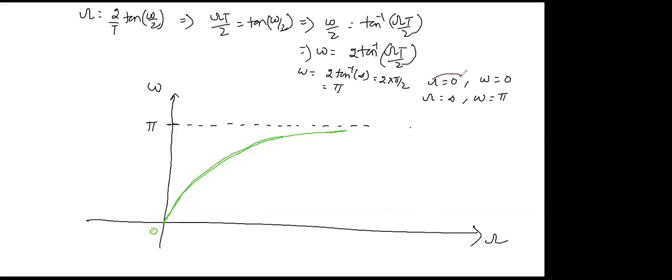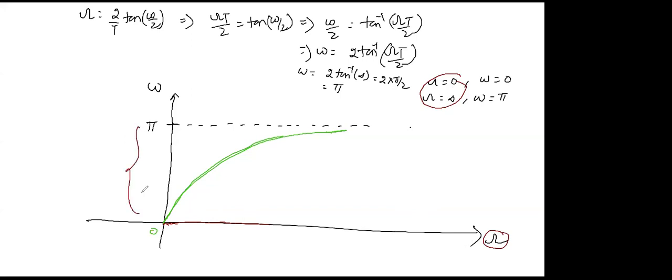Omega is 0 to infinity, which means the complete infinite region. So the infinite region in the analog domain is compressed within the 0 to pi region in digital.